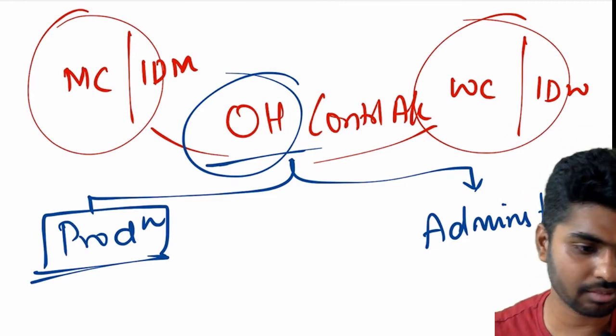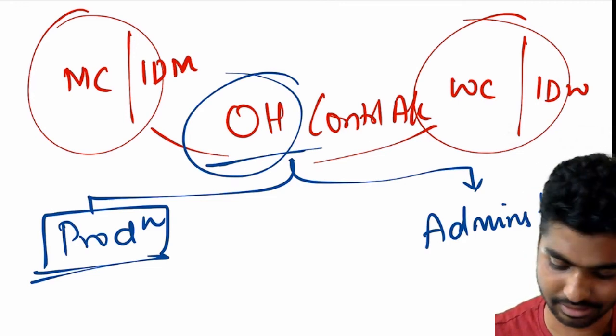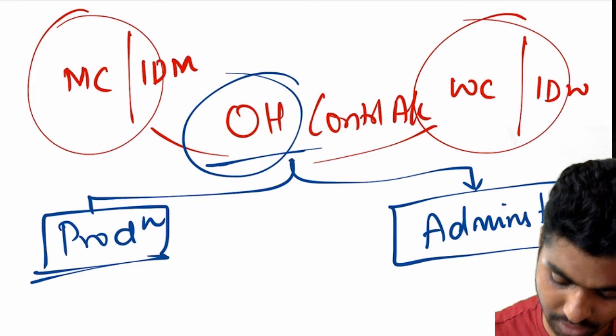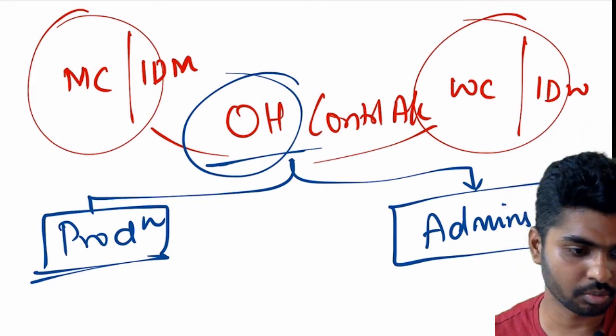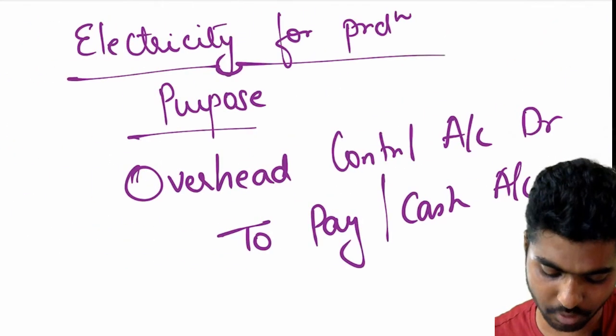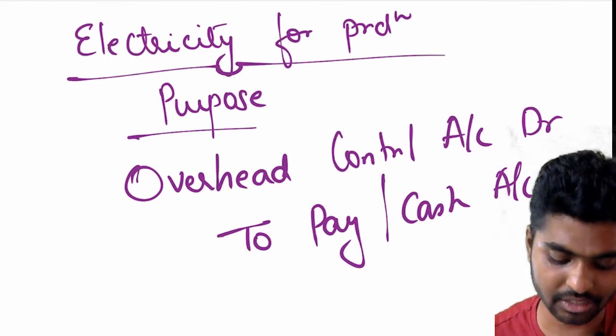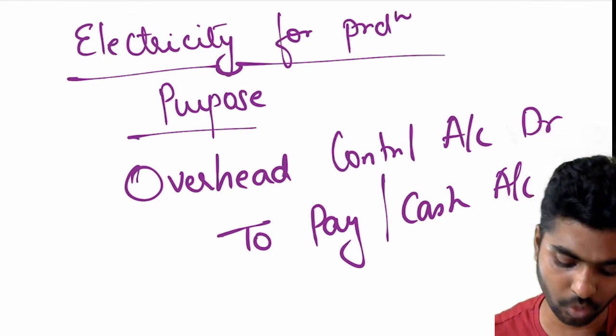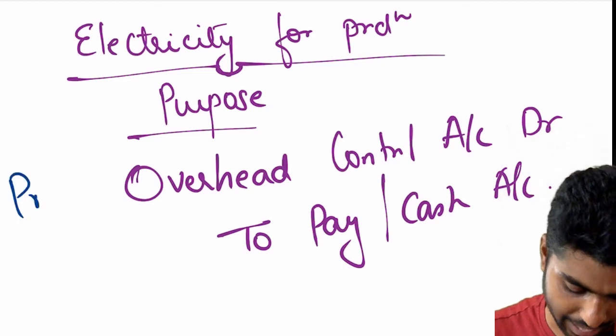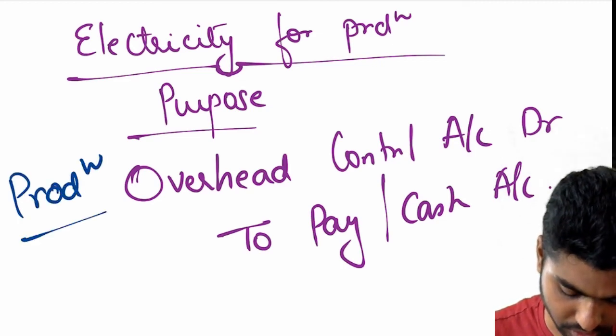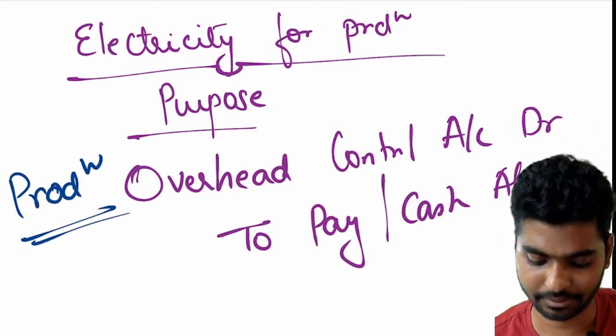When I say rent of an office, this will be part of the administration. So the same question, electricity charge for production purpose, instead of writing overhead control account, I will add the new one, production overhead control account.